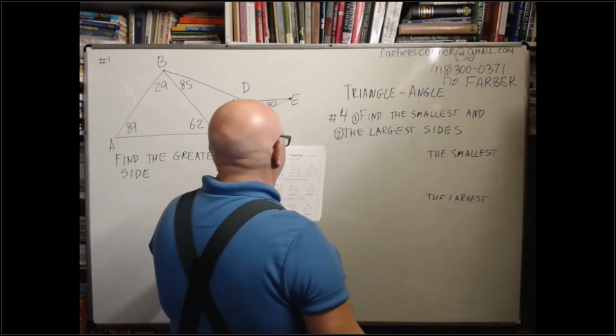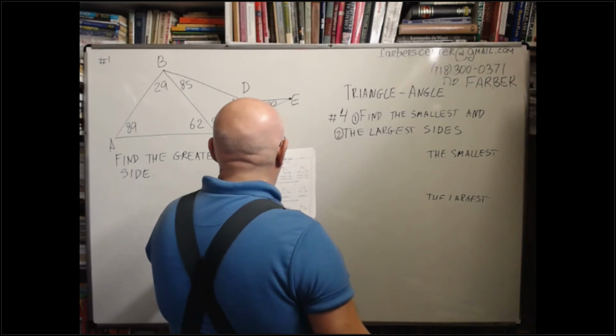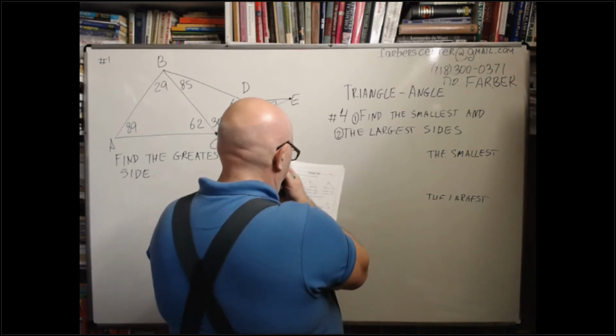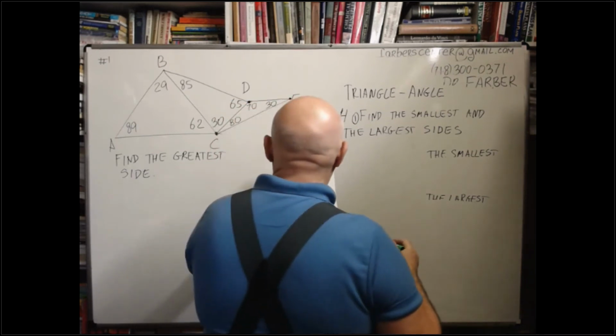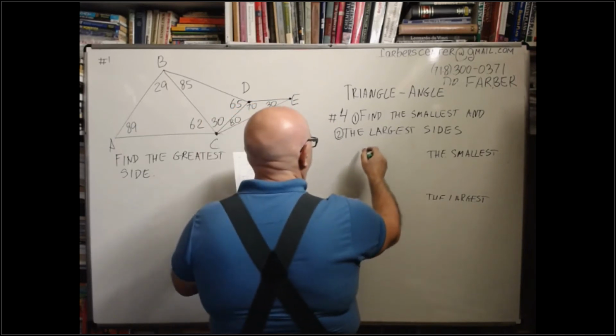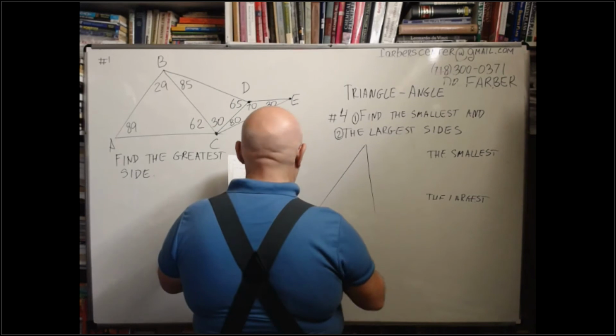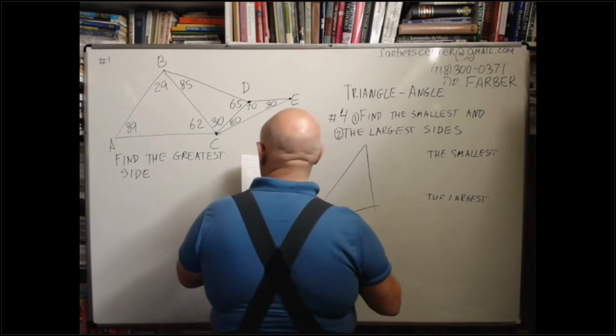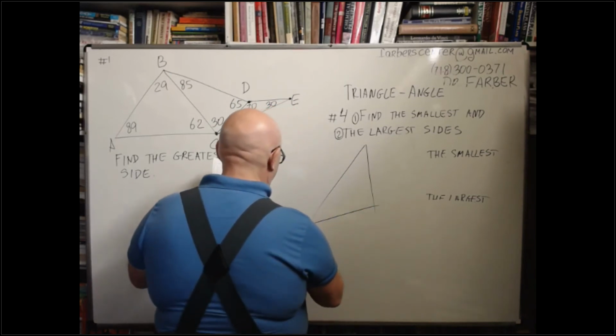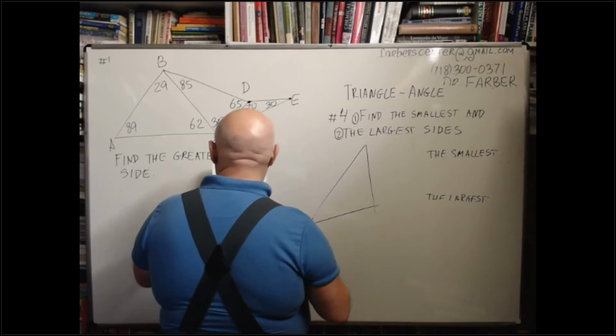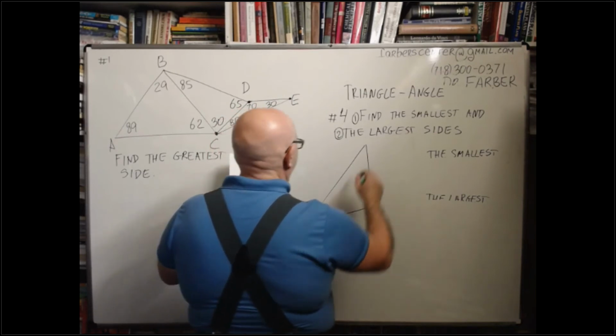Find the smallest and the largest side in each triangle. And I have a triangle. Let's say a triangle like this. M as in Max. L as in Larry.